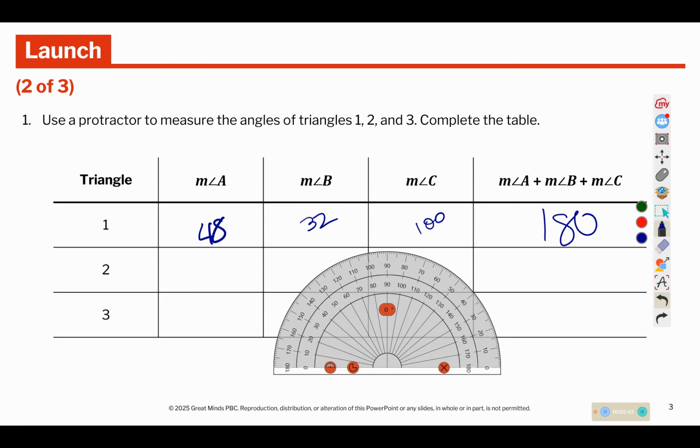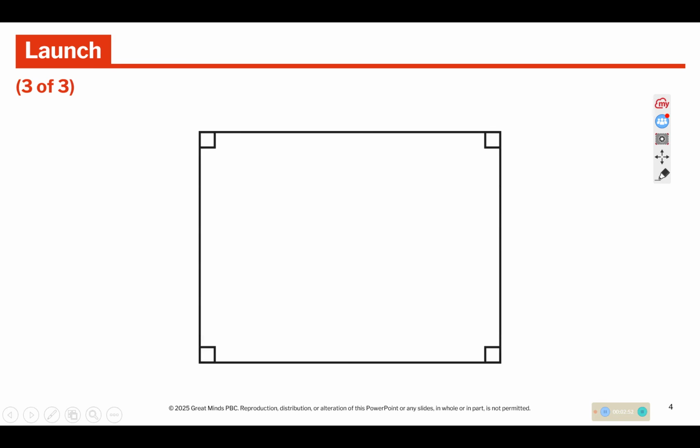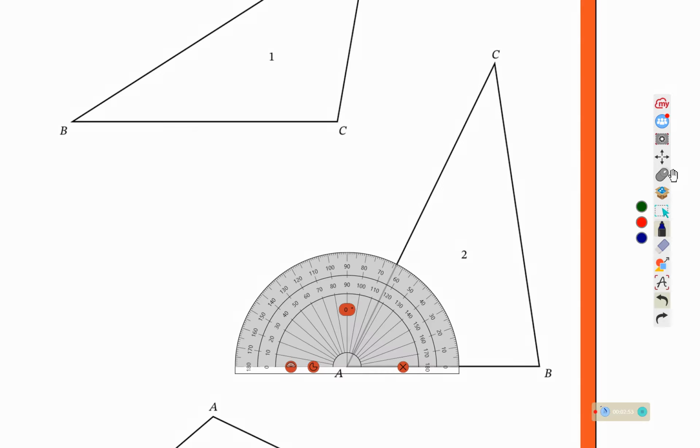Then let's go back and measure the angles in triangle 2. Angle A, 10, 20, 30, 40, 50, 60, 61, 62, 63, 64.